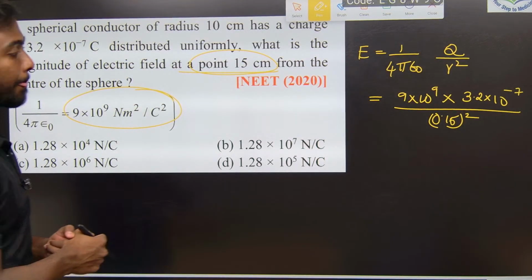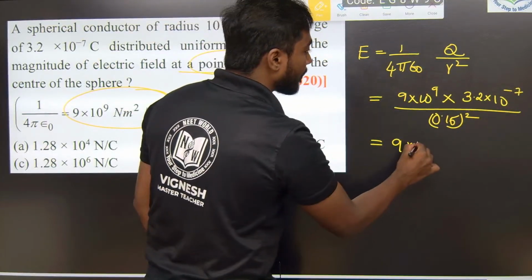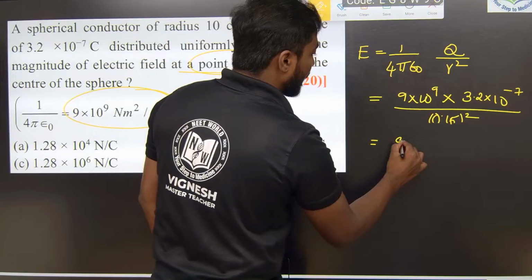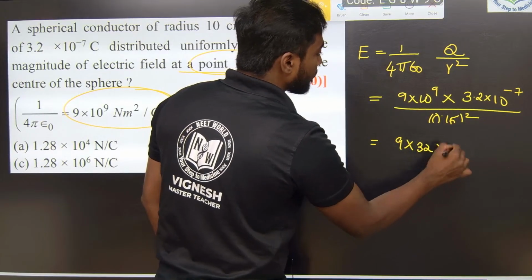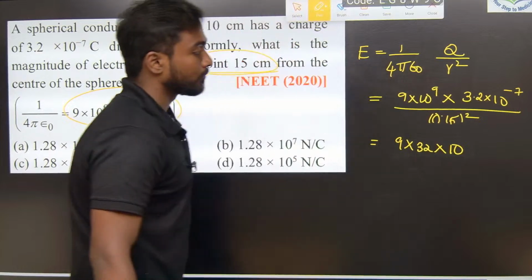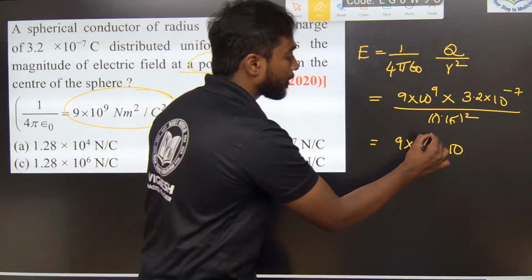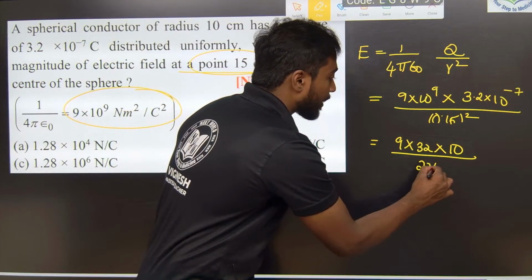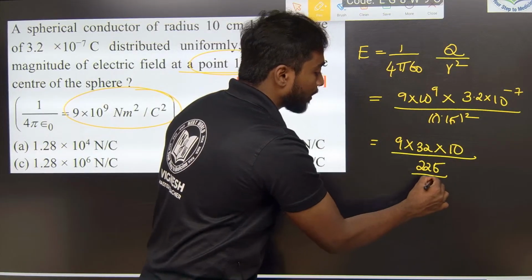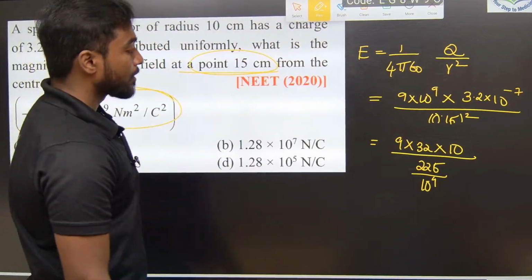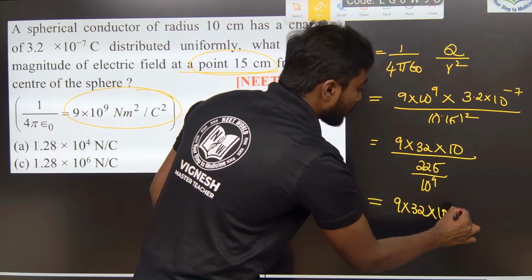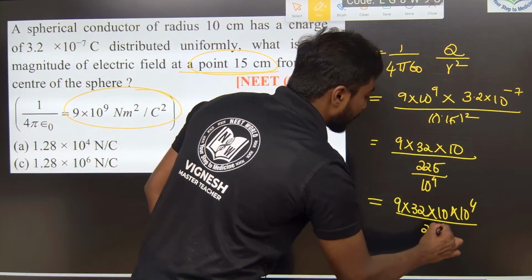So what will be the answer? 9 into 10 power 9, 10 power minus 7 will be 10 power 2, into 32, divided by 15 square which is 225, with 10 power 4. So the answer is 9 into 32 into 10 power 4 divided by 225.